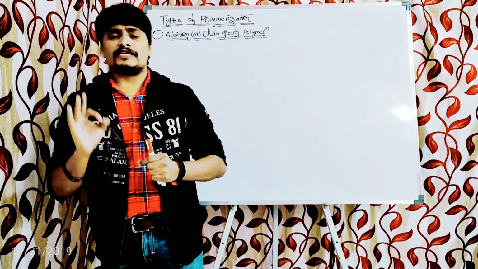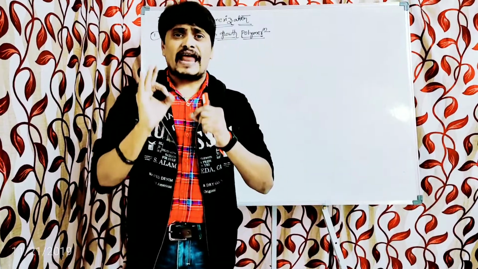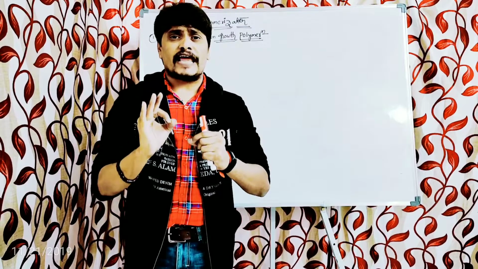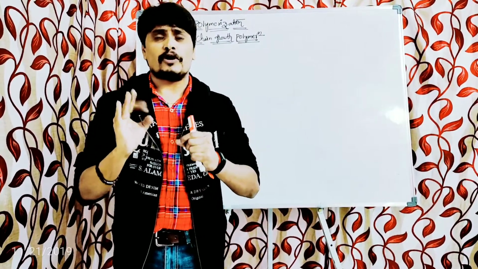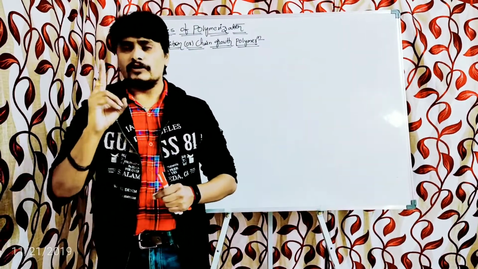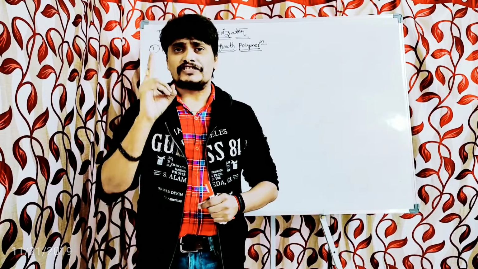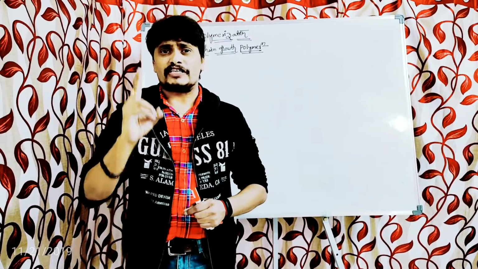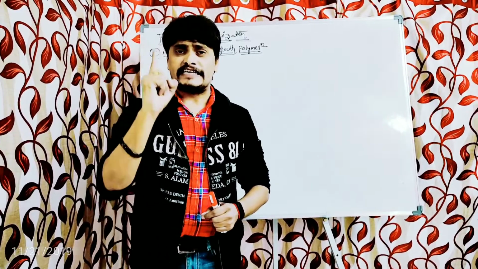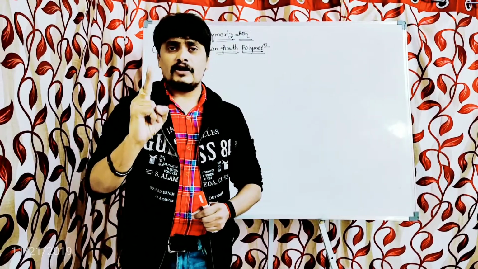Now the question is, which class of organic molecules comes under the category of unsaturated monomeric units? We have two classes of organic molecules which come under this category: alkenes and alkynes.